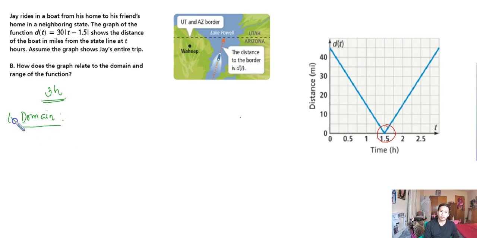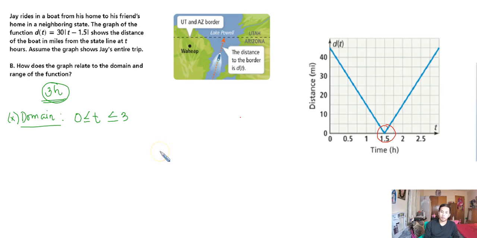The domain, or the values of x in this absolute value function, is that t is greater than or equal to 0, because there is no negative t here, but it must be less than or equal to 3, because the maximum time was 3.